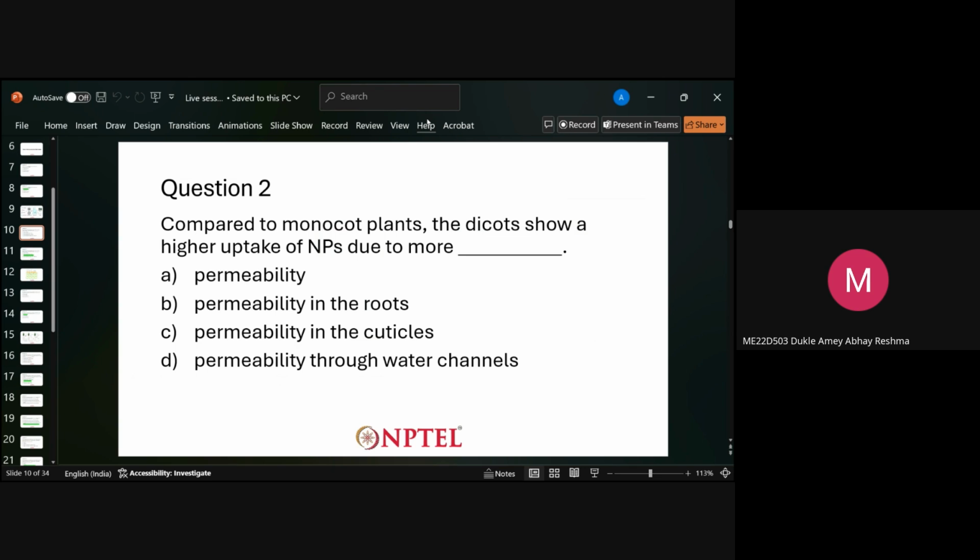It is a combination of cells, or a group of cells. In dicots, the gap between the cells is a bit higher in the cuticles compared to the monocot plants. That is why you will have a higher permeability in the cuticles of the dicot. That leads to a higher nanoparticle uptake. So that is how it is.